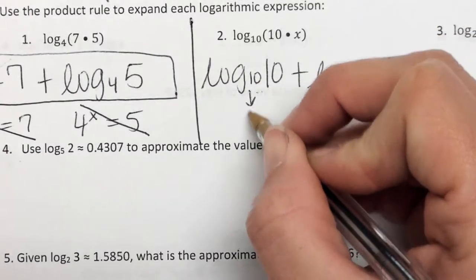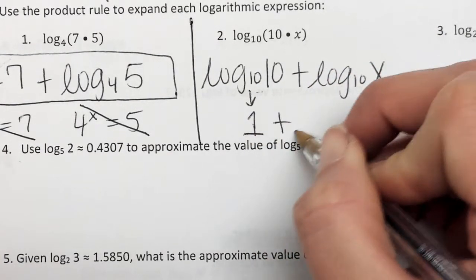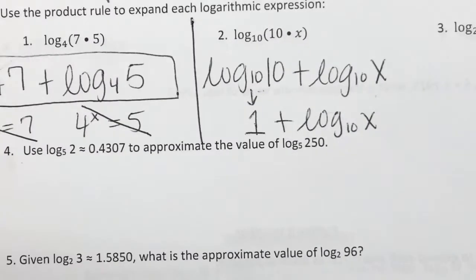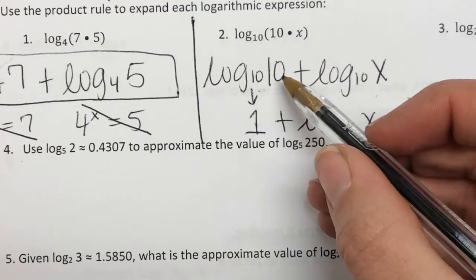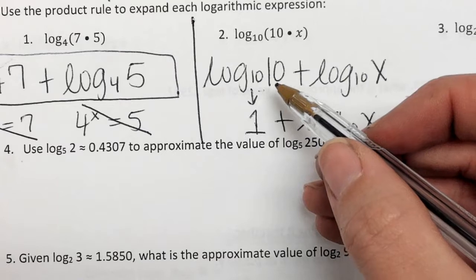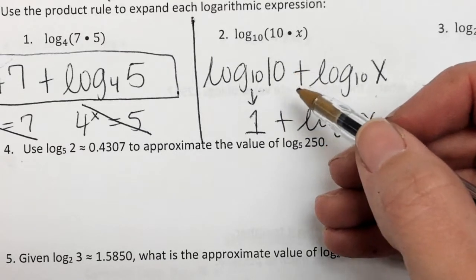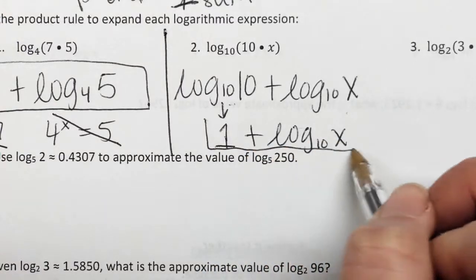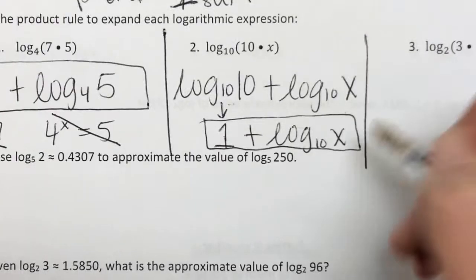So this is the same as 1 plus log 10x. So shortcut to that, if you have the same base and same number right here, they'll always cancel out to 1, always. Question about that? Do number 3 on your own.